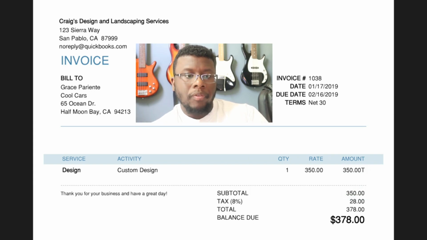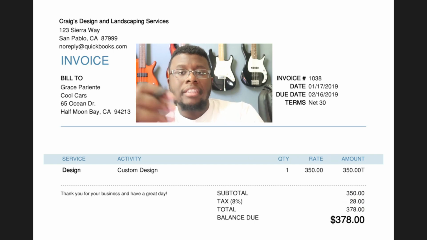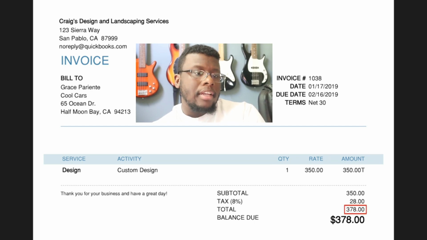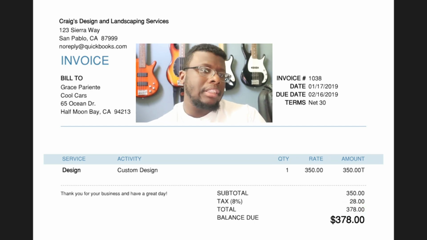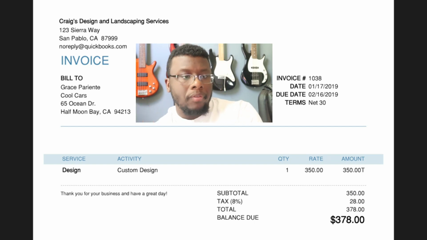Here the service has been provided just once, and the amount per unit was about $350. So in this case, both the amount and the subtotal are $350. Below that, we've tacked on sales tax of 8% because the taxable service has been provided, and that comes out to about $28, which leaves us with an invoice total inclusive of tax of $378.